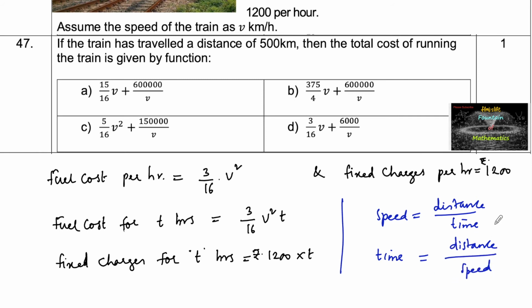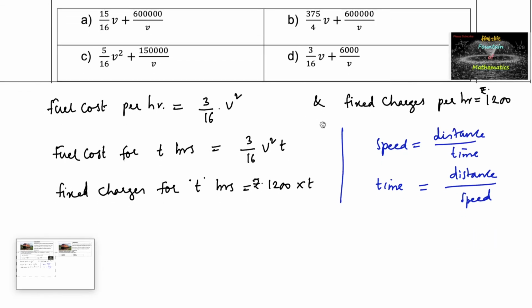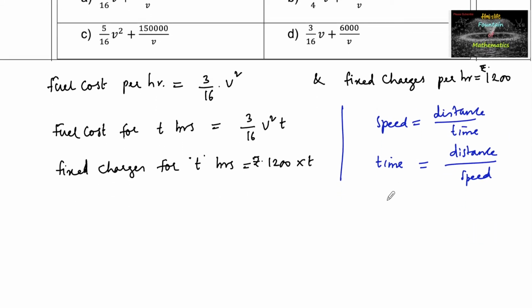So here distance is given 500, and speed we can consider as v. So therefore time for 500 kilometers is equal to 500 upon v. So that is t is equal to 500 upon v.